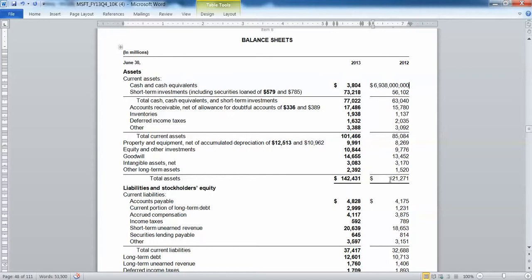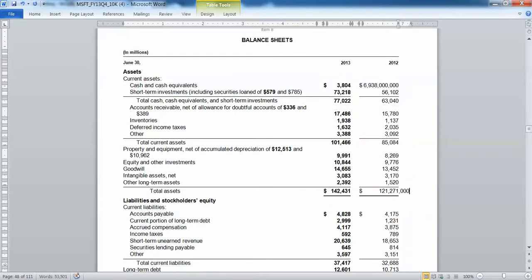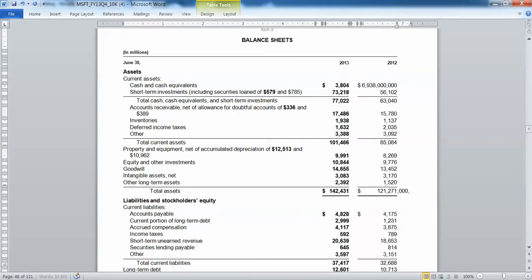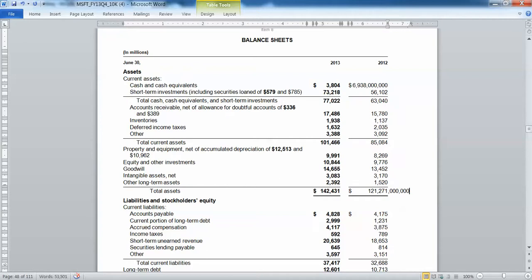It didn't have $121,271 in total assets. I have to put 6 zeros behind that to get the actual number. It had $121,271 million in total assets. So again, all I'm doing is multiplying by $1 million. If this said in thousands, I would be putting 3 zeros behind instead of 6.